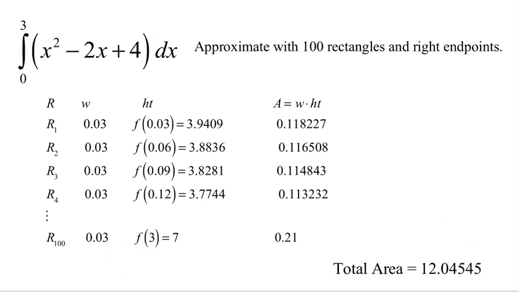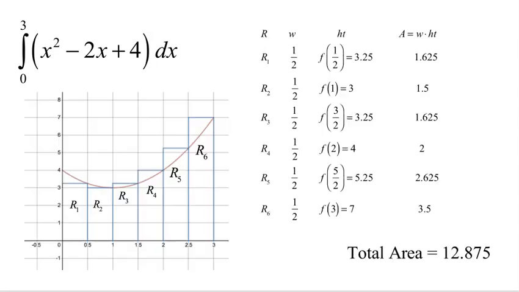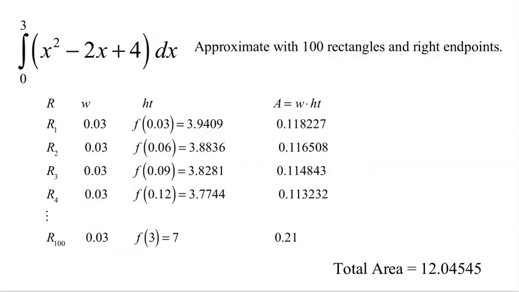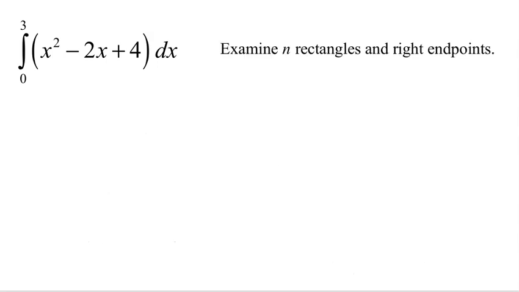What do I get? I get a total area of 12.04545. Now what did that compare to my first approximation? We had 12.875. So I assume my 12.045 that I have this time is a better approximation. It's getting a little bit closer. I can't be sure if this is a little too high or a little too small, but this is what we'll start with. Now, where do we go from here?